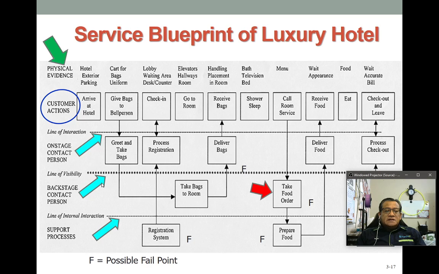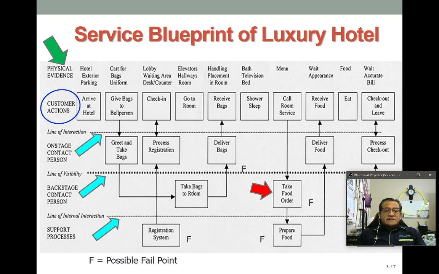Okay, on this fourth row, this is the line of visibility, in which the on-stage contact person is visible or not to the backstage contact person. For example, after you check in and your registration process has been done, this will relate to the registration system, which is at the layer of support process. Right?